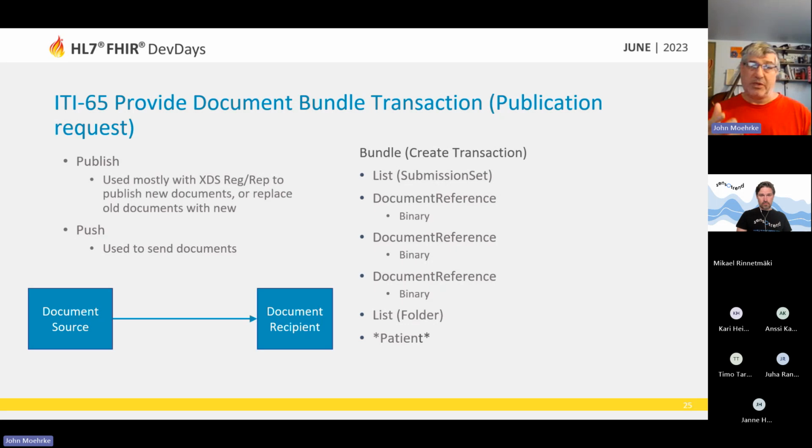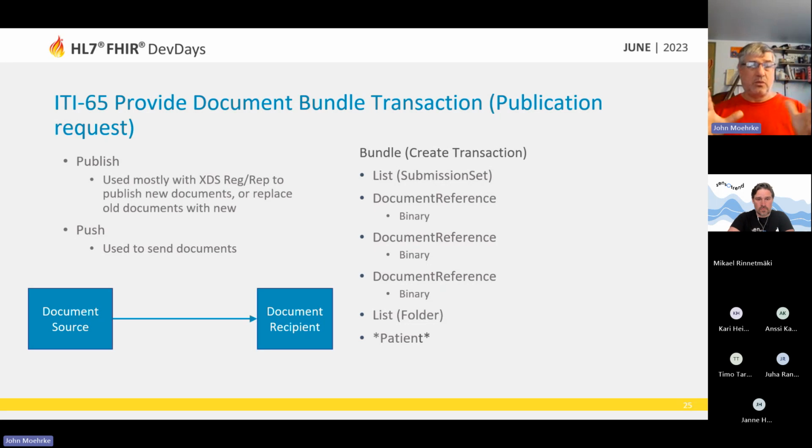So it's between a document source and a document recipient. It carries the concepts of a submission set. I'm providing these pieces of information: document references, binaries, maybe a list for a folder. Maybe I include the patient resource just because it's a push operation.